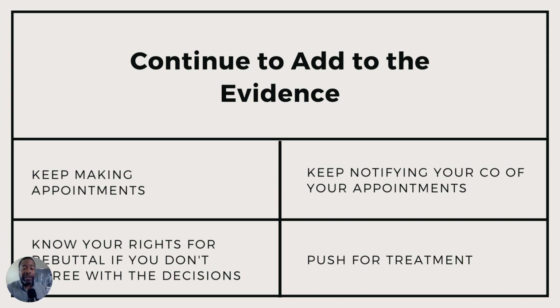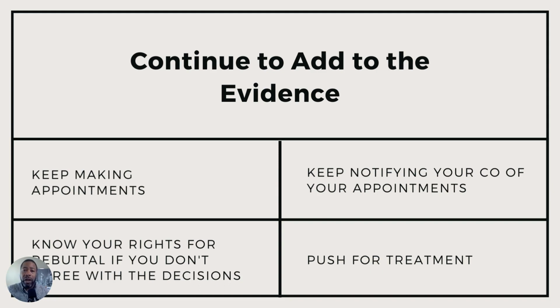The other thing is continue to add evidence. Keep making those appointments. Keep attending those appointments. Notify your company commander, your first line, your first sergeant, whomever, about your appointments, and know your rights for a rebuttal, or if you want a formal in the PEB phase.